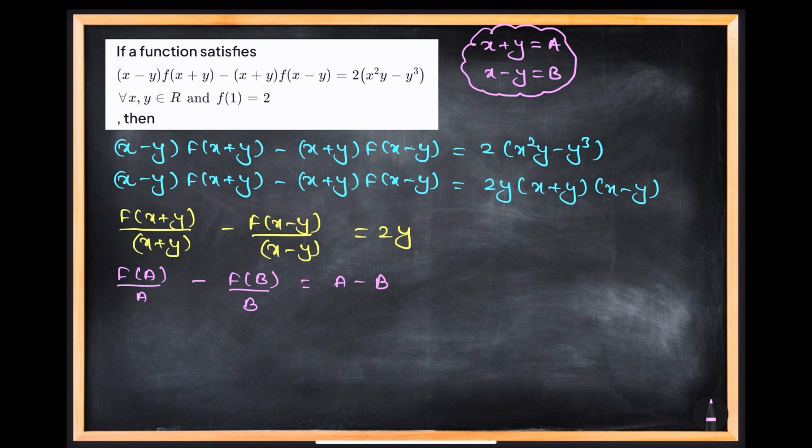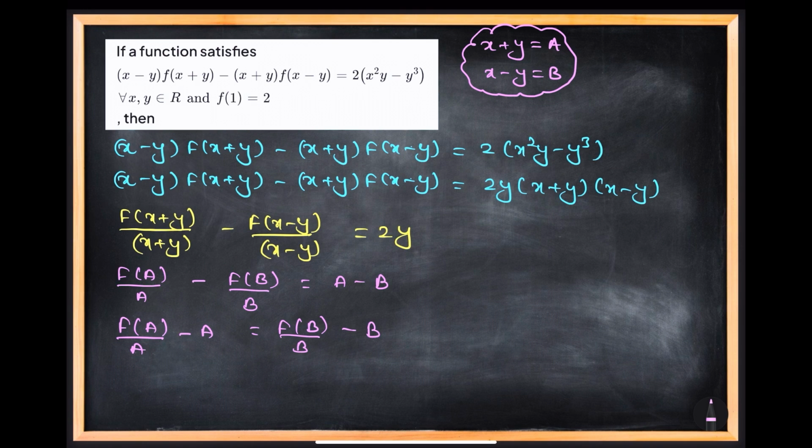Now, can I put the a element on one side and the b element on one side? So we will be left with f of a by a minus a is equal to f of b by b minus b.